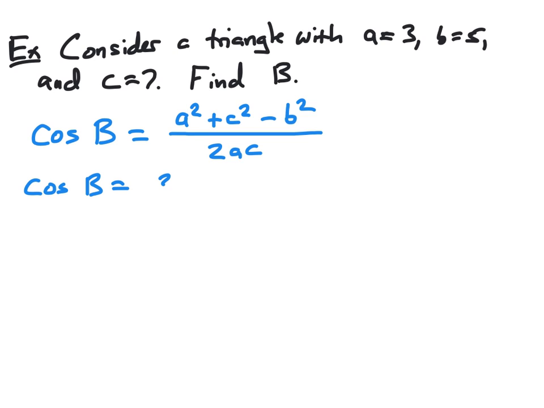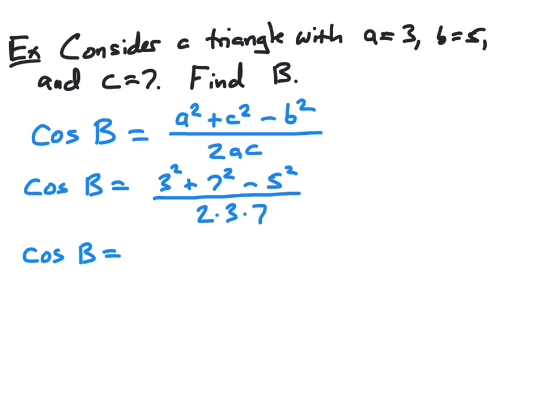We have a squared, which is 3 squared, plus 7 squared, minus 5 squared. Notice the order of those side lengths does matter. The side length opposite the angle we're looking for, in this case side length b, is the one that is subtracted. And in the denominator we have 2 times a, which is 3, times c, which is 7. And so we just go through to compute these quantities.